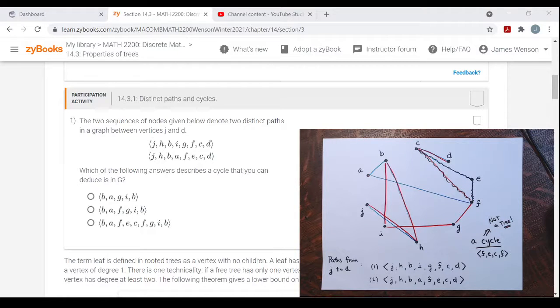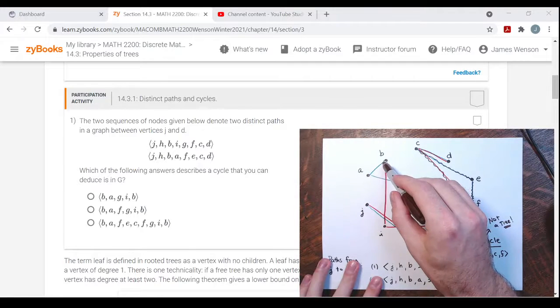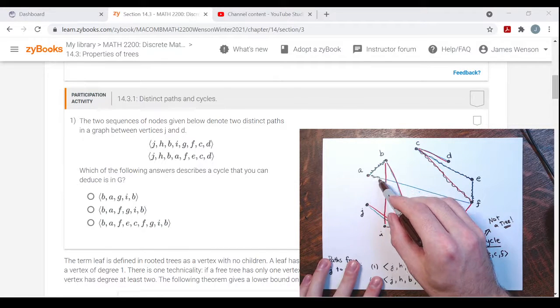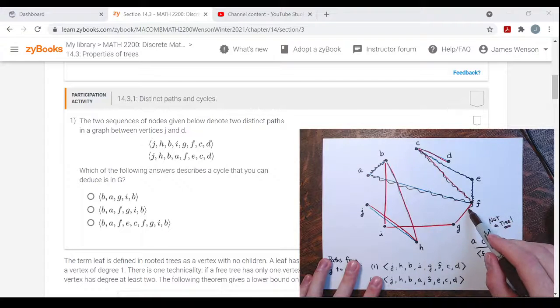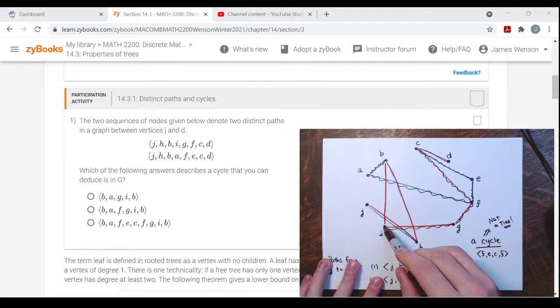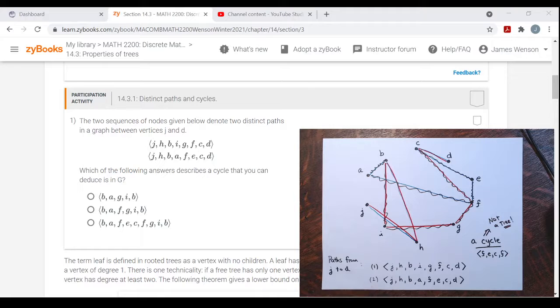B to A to F to G to I to B. Yep. There's another cycle. B to A to F, I've got that, to G to I to B. A cycle of length 5. So that's the one I'll select.